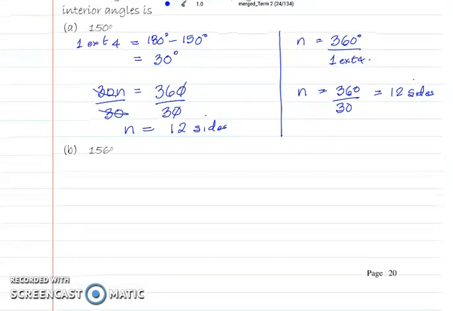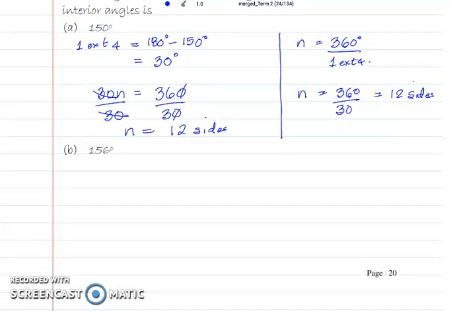Now, if its interior angle is 156 degrees, it means that one exterior angle would be equal to 180 minus 156 degrees, which is equal to 24 degrees. The reason this works is because the interior angle and the exterior angle are angles on a straight line.